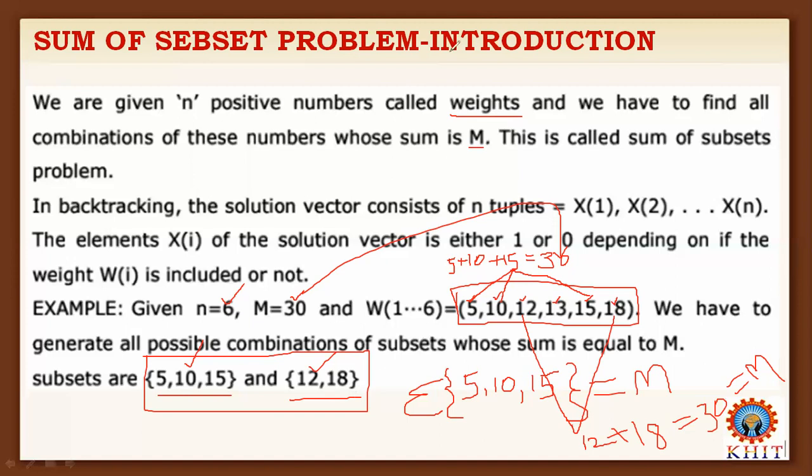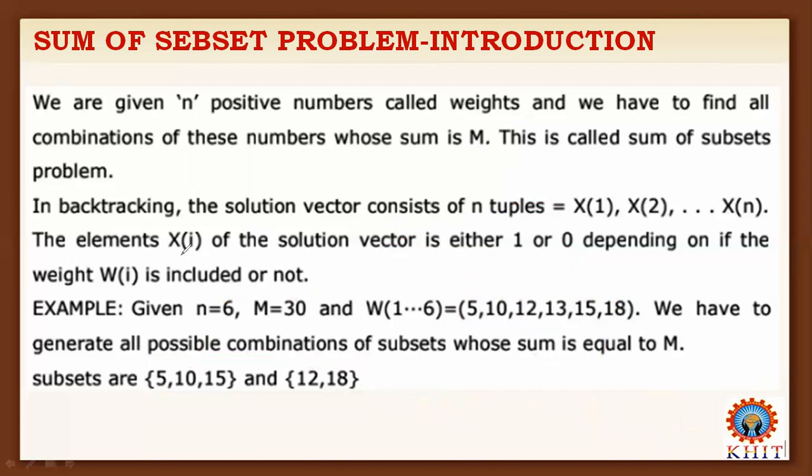Okay. So here, let me tell you, x of i indicates whether the weight of a particular element is to be taken or not. If you take an element, that means x of i equals 1.